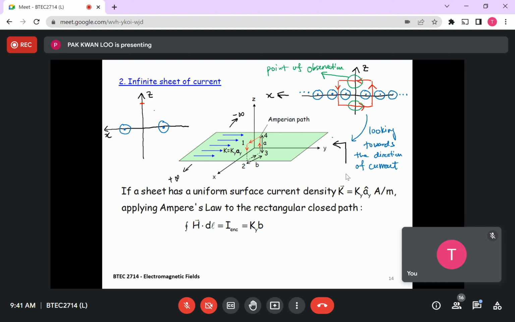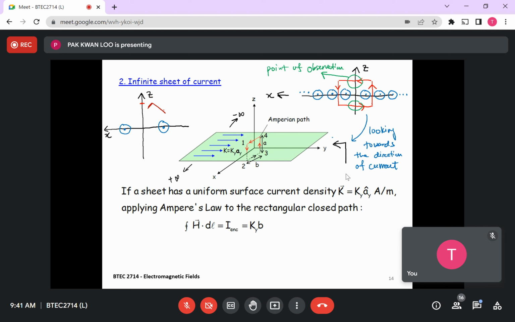The thumb represents the direction of the current. Curl your fingers a bit. I don't know how to draw the finger, so the part that I draw represents the curl of your finger.